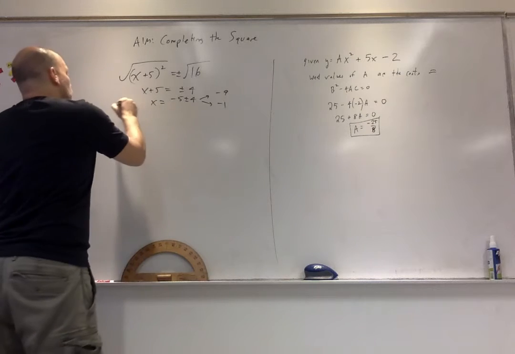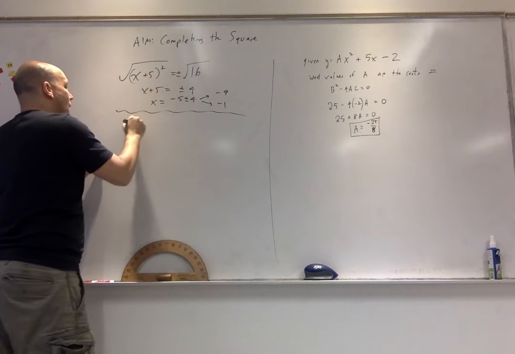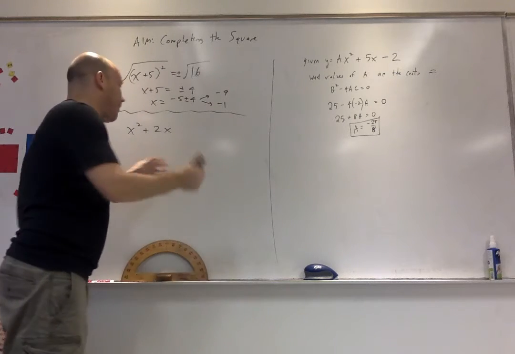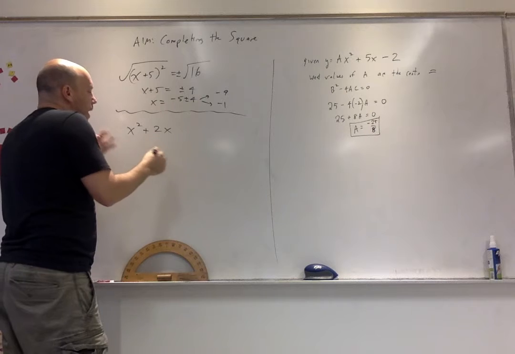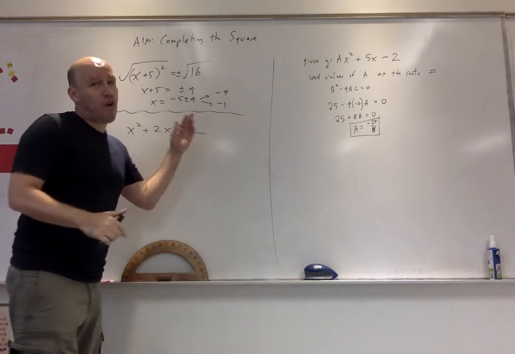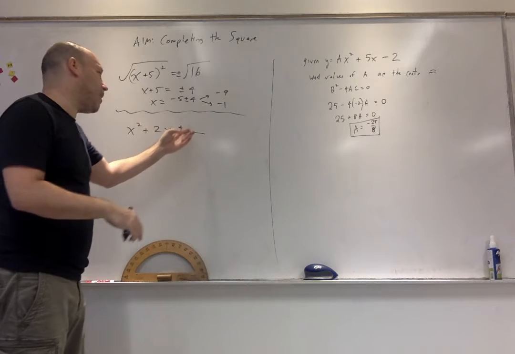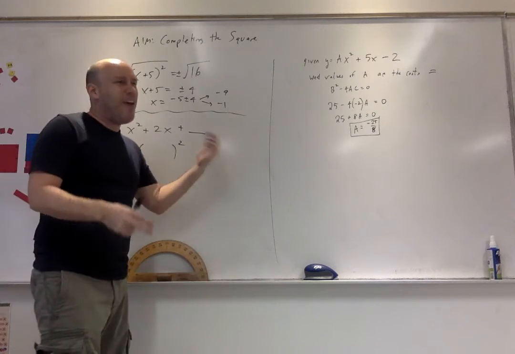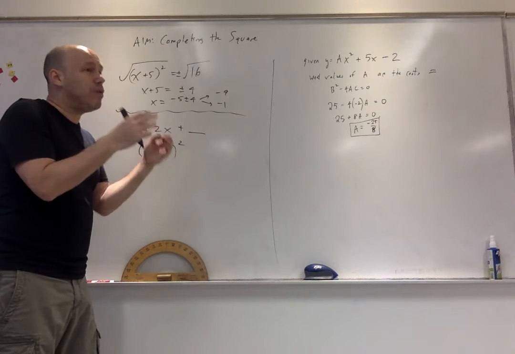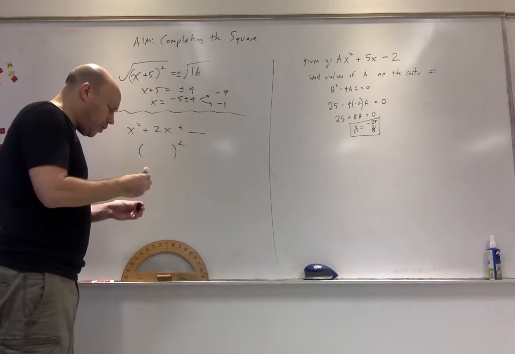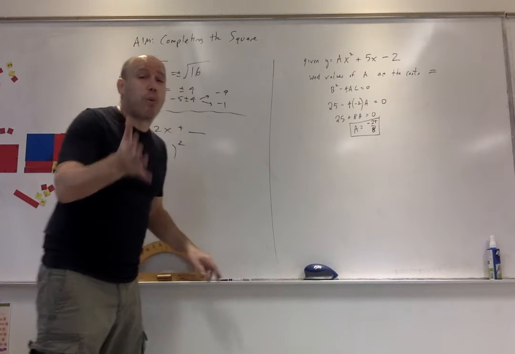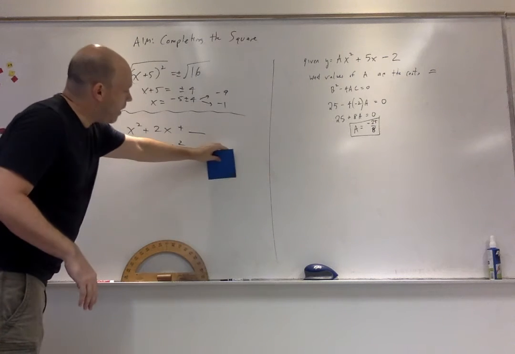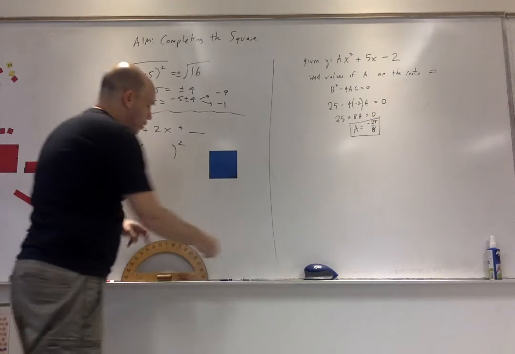So let's start with the way you learned it. The idea was you have this expression, and the question is, I need to add something so that I can factor this. The idea is we're going to add on a constant, and then it becomes a perfect trinomial, and we can factor it into something like x plus a squared. And so how do we do that? Well, your teacher, maybe in Algebra 1 or Algebra 2, took the geometry. They said, you know what? Let's take the square. Let's call that x by x.